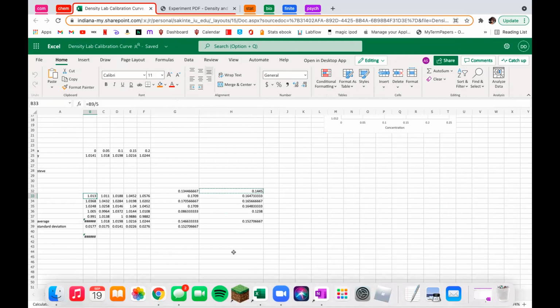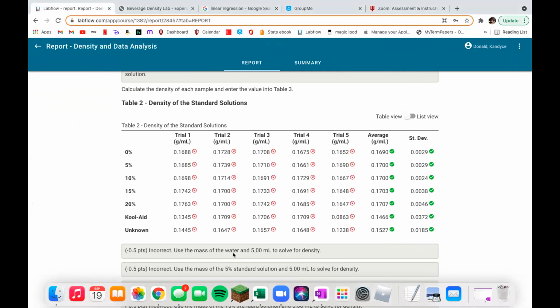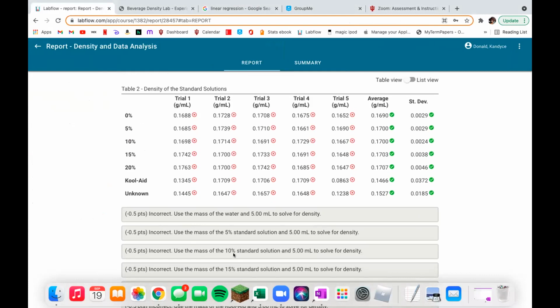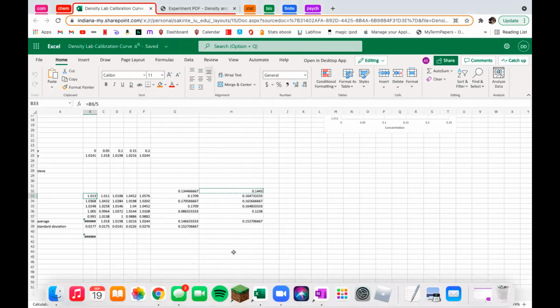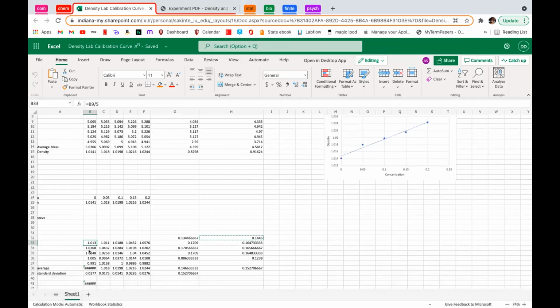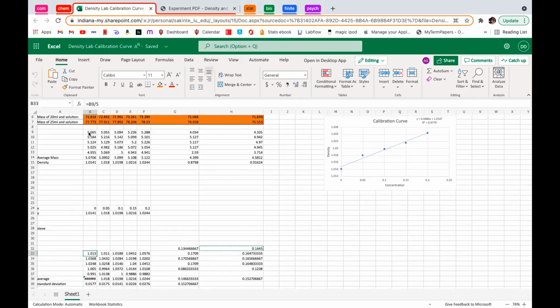Those should all be around 1. Where did you even get those values from? It's this stuff divided by 5. Okay, yeah, but go back to LabFlow.